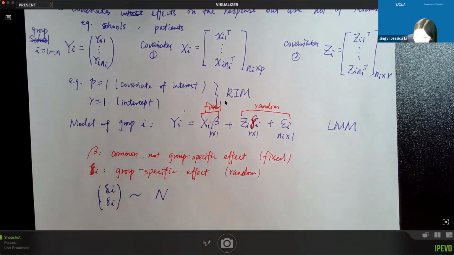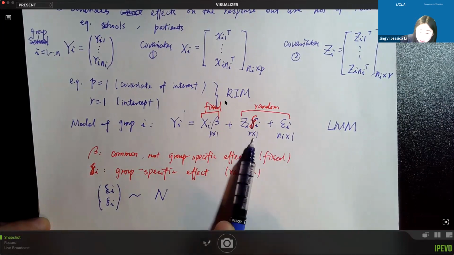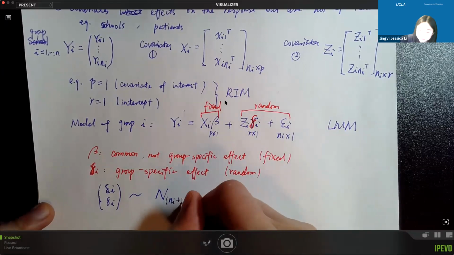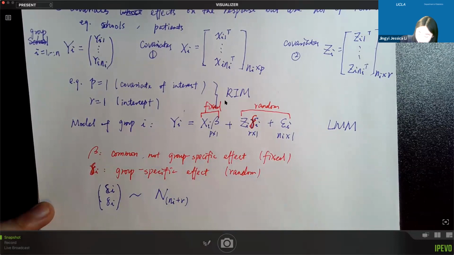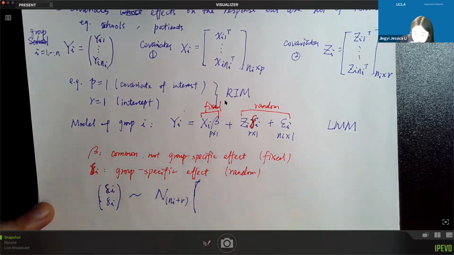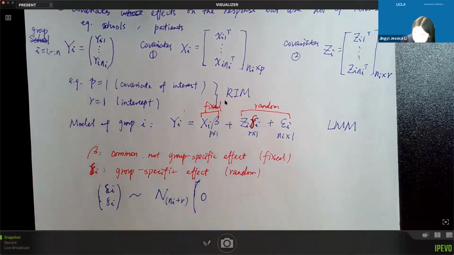What will be the dimension of that distribution? Epsilon i has n_i dimensions, delta i has r dimensions. So this should be n_i plus r dimensions normal, okay? And we are just assuming that this has a 0 mean.